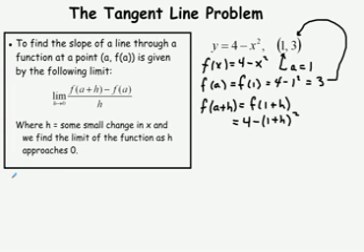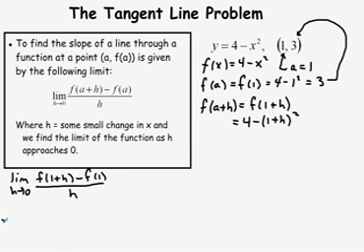All right, now we're set up to set up our limit right here and find our value. So I'm going to start down here on the left. I'm going to take the limit as h approaches 0 of f of a plus h, so in this case f of 1 plus h, minus f of 1, all divided by h.